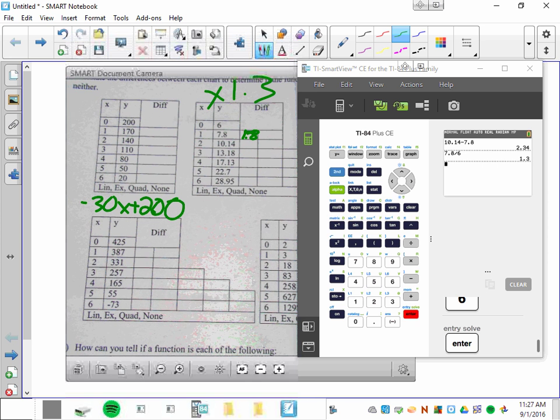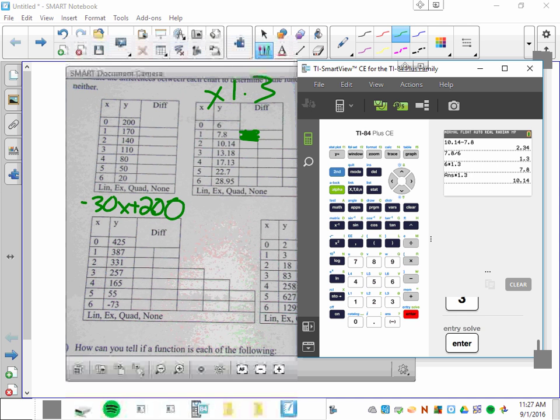Let's see if timesing by 1.3 works. So 6, we're going to multiply by 1.3. Obviously, it works the first time. Times 1.3. Did it work the next time?